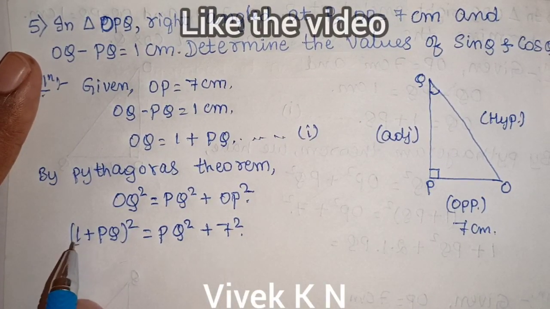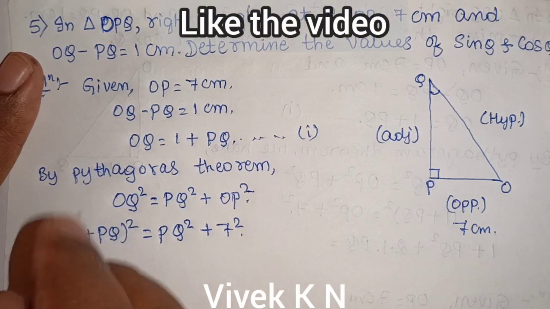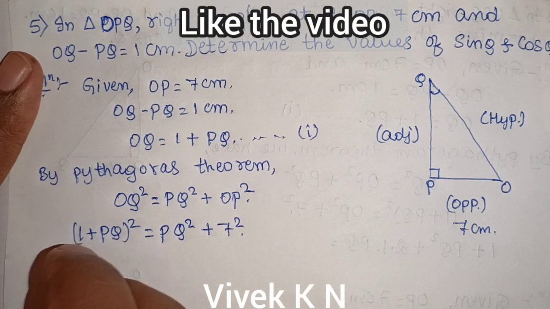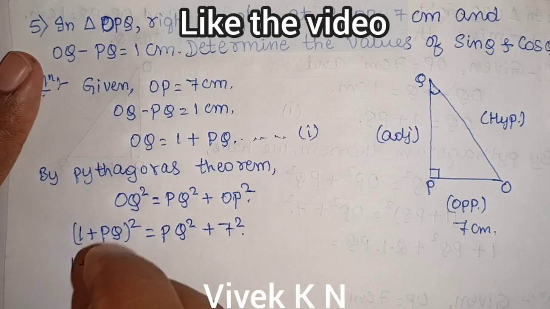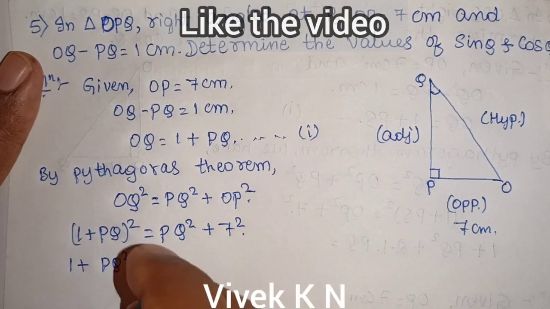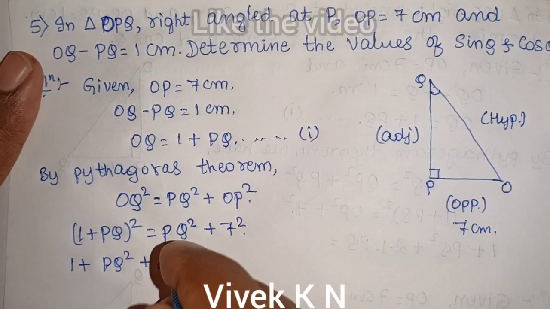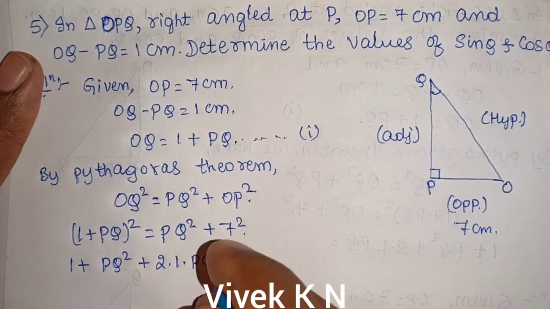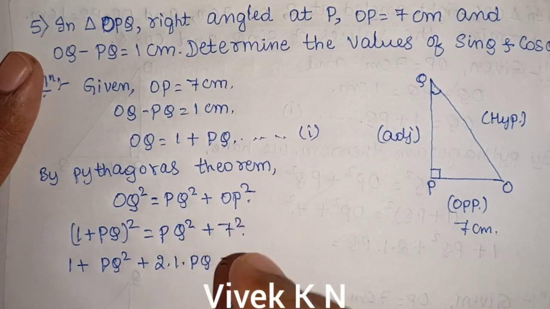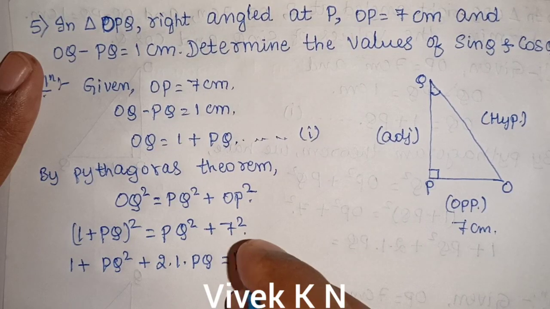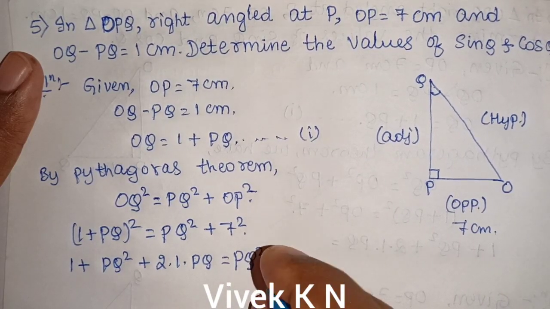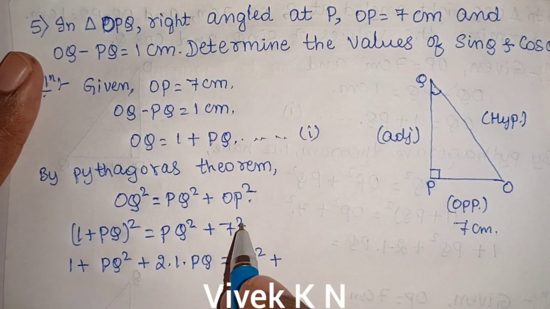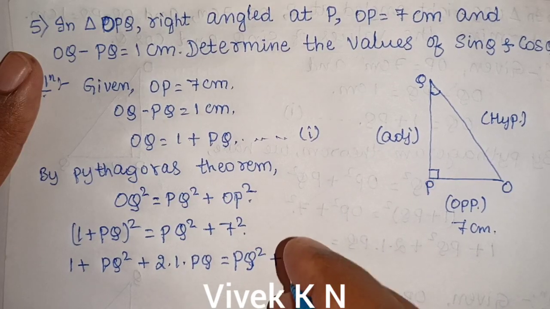This is of the form (A plus B) whole square, so A square plus B square plus 2AB is equal to PQ square plus the value of 7 square, which is 49.